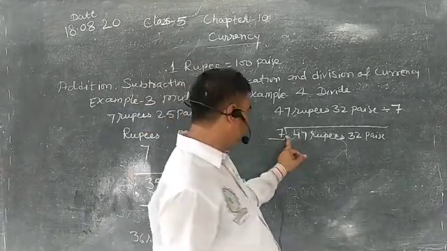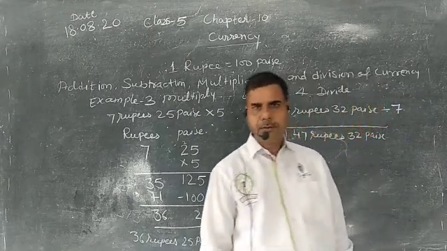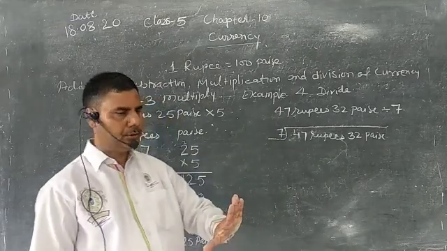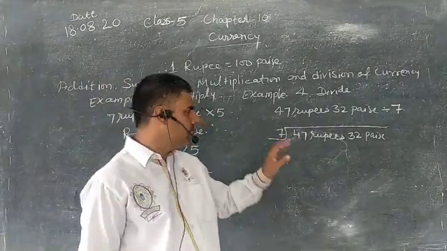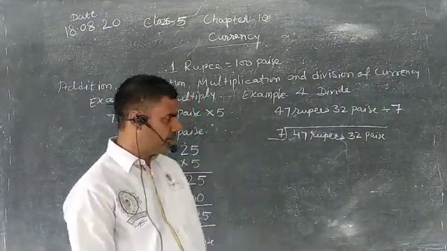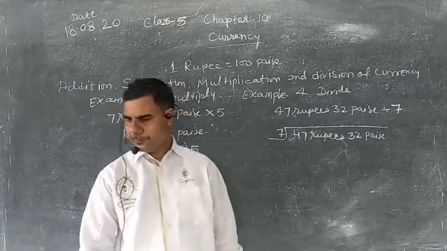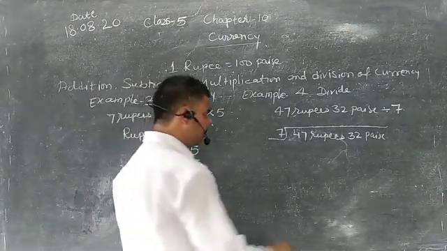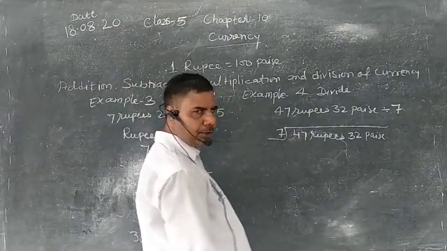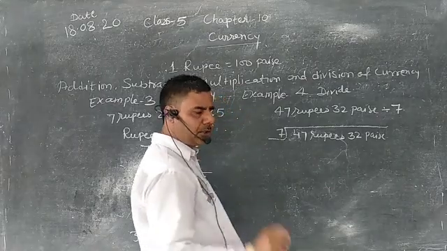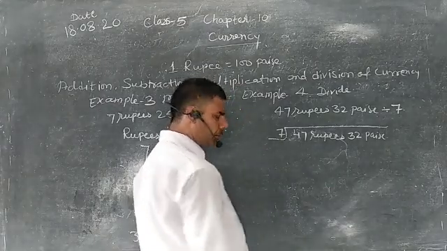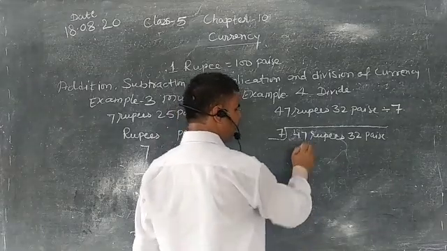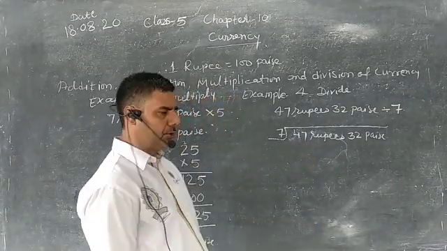Now, yes, the table of 7 until 47 comes. It should not be more than 47. 7 1s are 7, 7 2s are 14, 7 3s are 21, 7 4s are 28, 7 5s are 35, 7 6s are 42 and 7 7s are 49. 49 is more than 47.